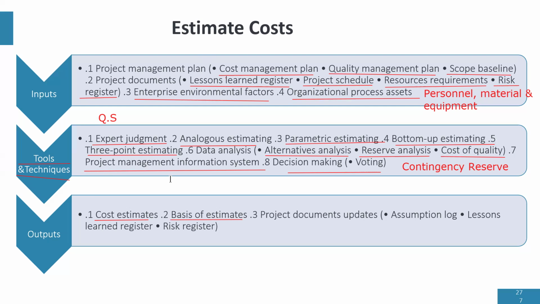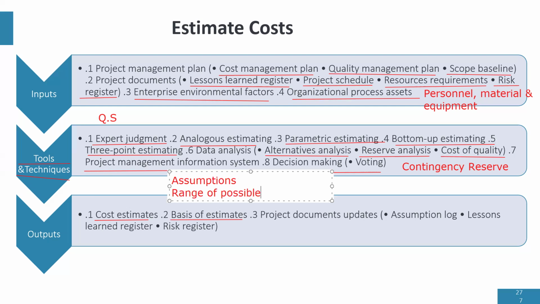Basis of estimate is a document that shows how we came about the cost estimate. It will look at the assumptions that were made for that cost estimate to be made. It will look at the range of possible estimates. It will look at the risk. It will look at several factors.